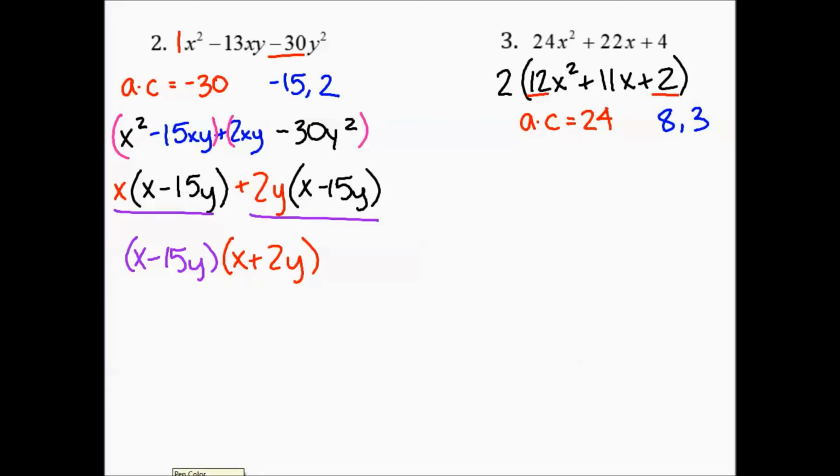Then I can split up the middle term into 8x and 3x, and then factor by grouping.